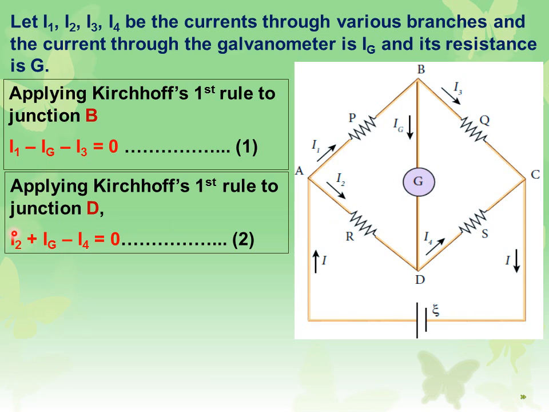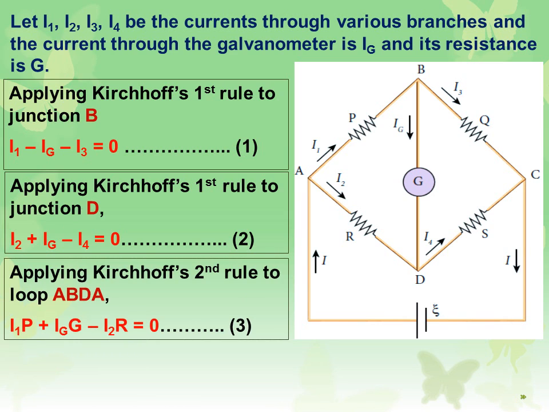So we add I2 plus Ig and it gives current to I4. So we put minus here. If you have any doubt in these terminals, kindly check with me, because it's a very easy question, but you have to understand it properly.